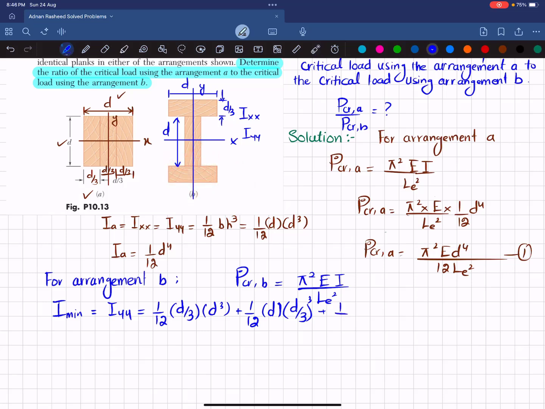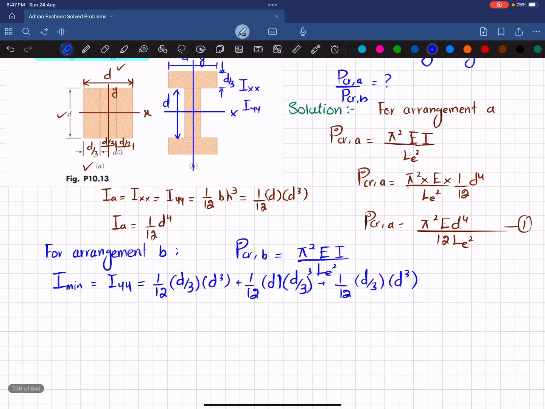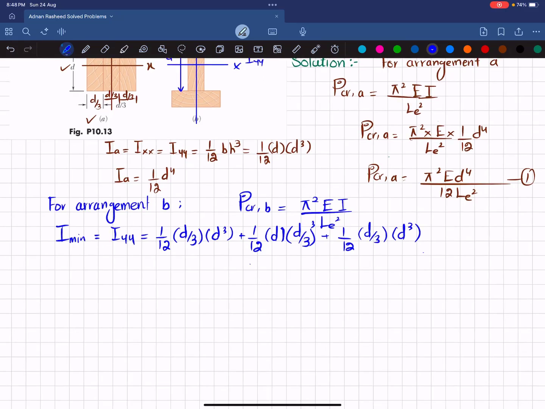So plus 1 over 12 D divided by 3 into D cube. Now if you simplify it, you will get I minimum equal to Iy, and that will be equal to 19 divided by 324 D power 4. Now you have this I, just plug it in this formula.